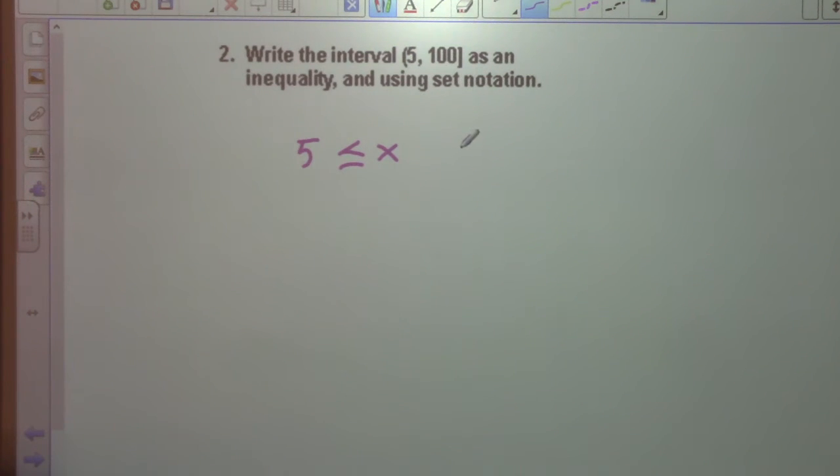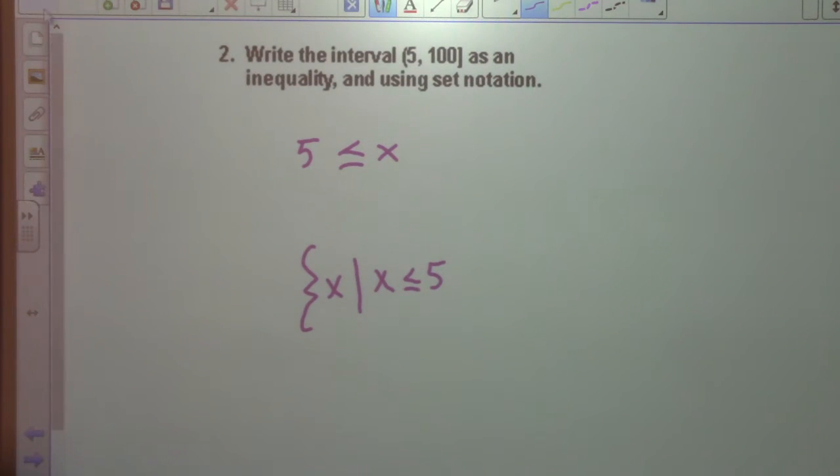For the set notation, there's a little bracket, and then x such that x is less than or equal to 5. Less than or equal to 5?